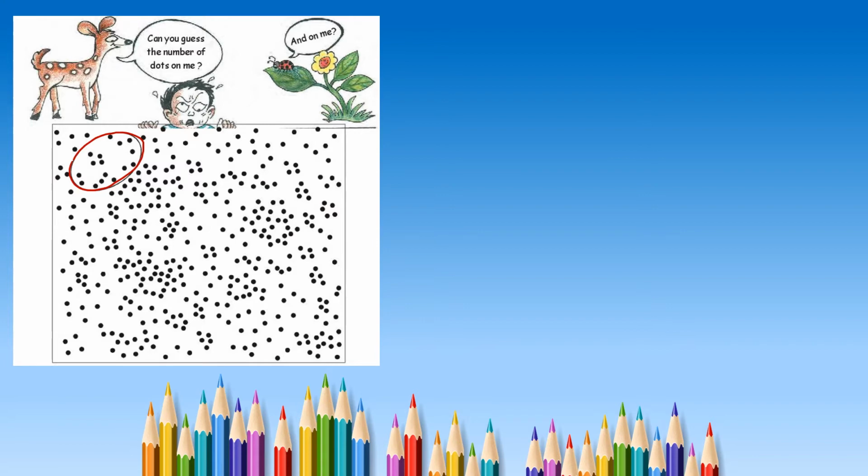Okay, so now we will verify it by counting the dots. 1, 2, 3, 4, 5, 6, 7, 8, 9, 10, 11, 12, 13, 14, 15, 16. Okay, so my guess was 15 and the right answer is 16.